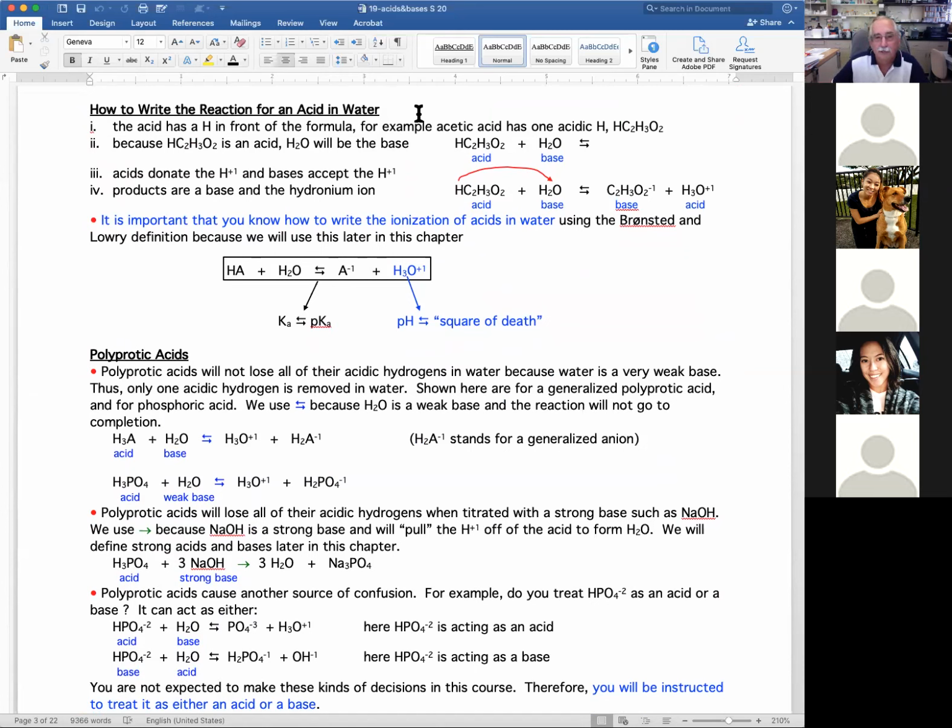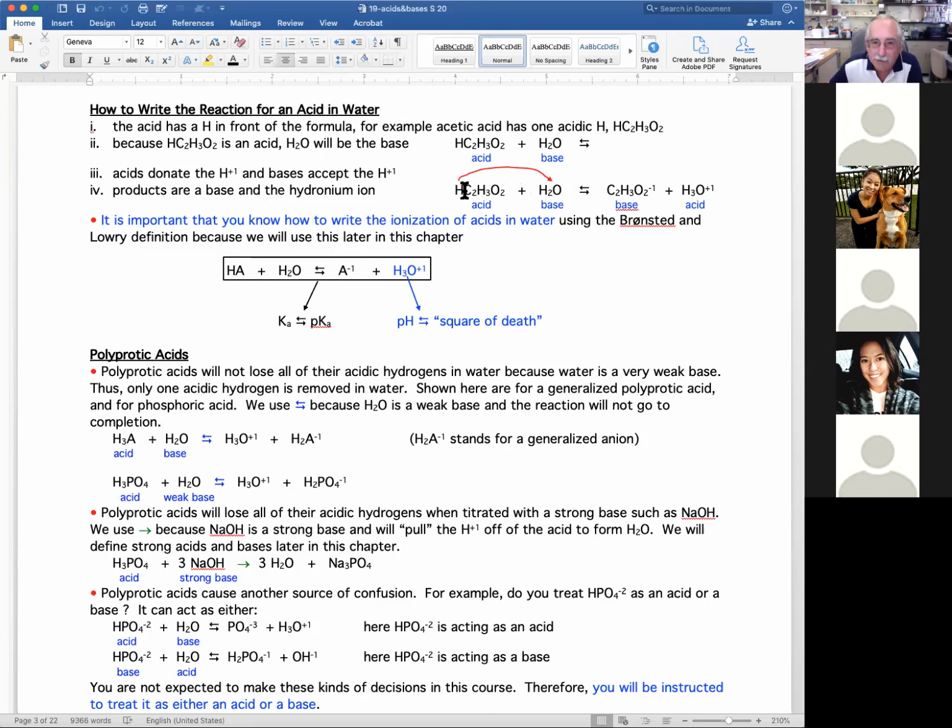So just to review things, the acid is going to have a hydrogen in front of the formula, like in acetic acid. So this is acidic, those three are not. Because this is an acid, water will then have to act as a base. Then what do acids do? They donate H plus and bases accept them. So I see this hydrogen is going from here to here.